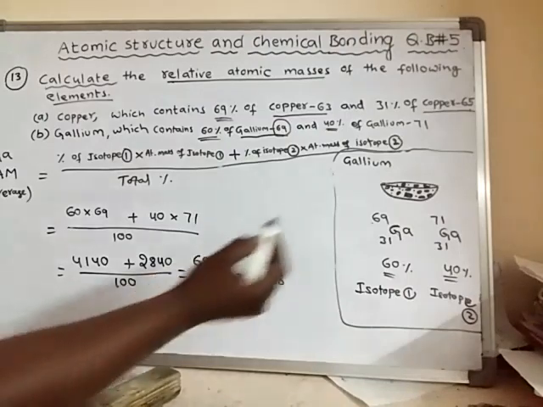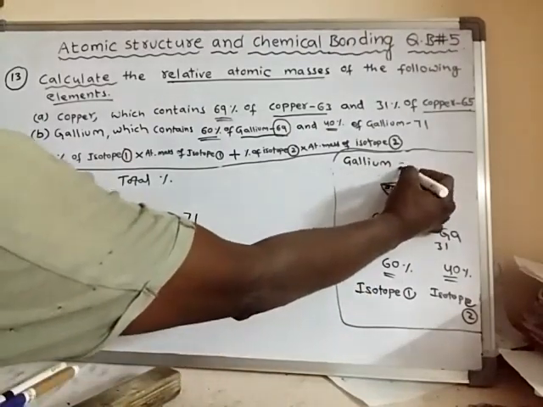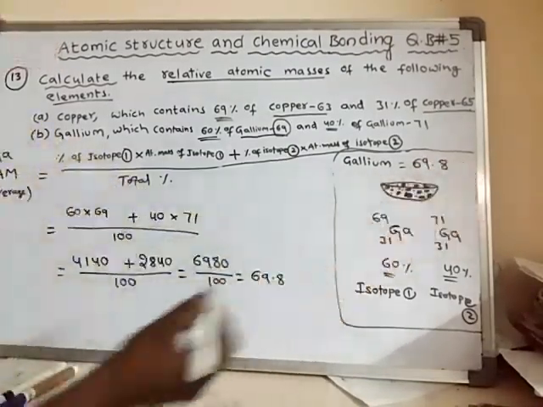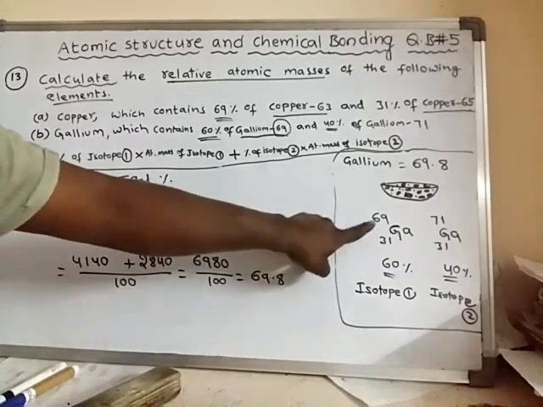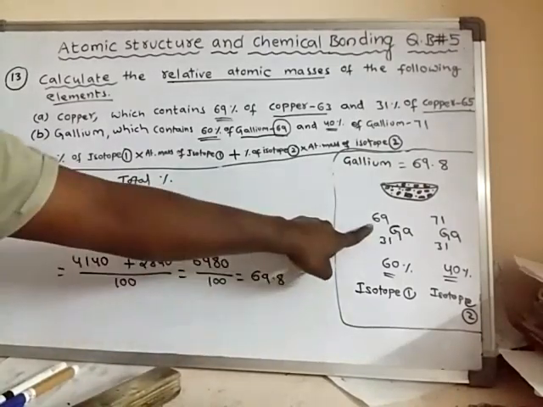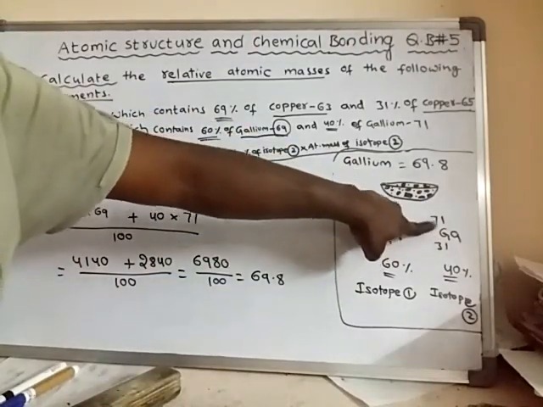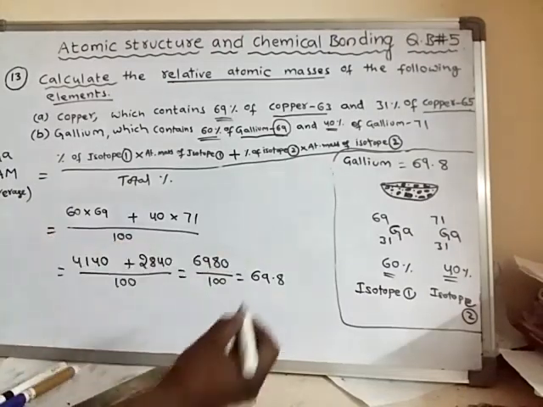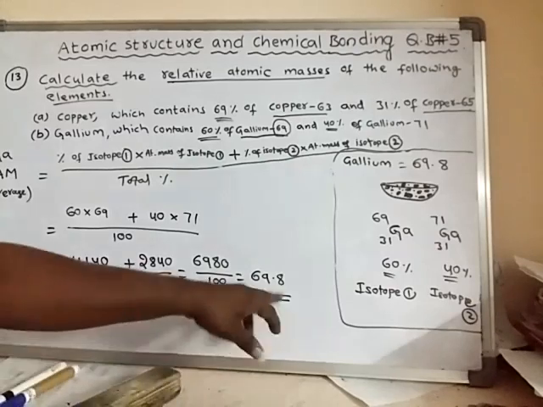So what is the average atomic mass of gallium? 69.8. This is the calculated value. No atom actually has this value. One gallium atom has 69, whereas the other has 71, but we have to use this average value, 69.8.